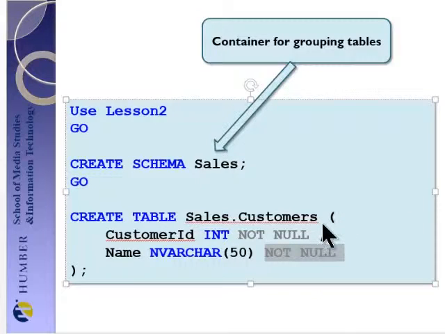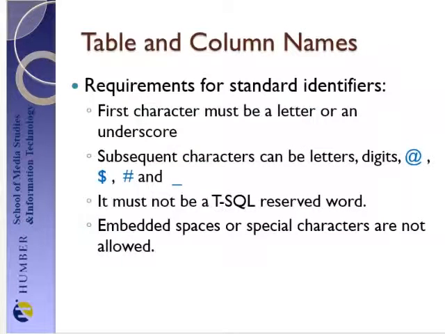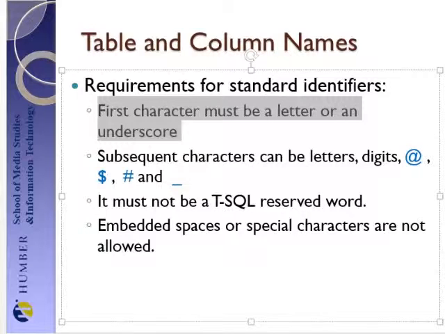The table will be created in the current database, in this case, Lesson2 database. Column names, table names, and schema names are identifiers. The requirements for standard identifiers are: they must start with a letter or underscore.